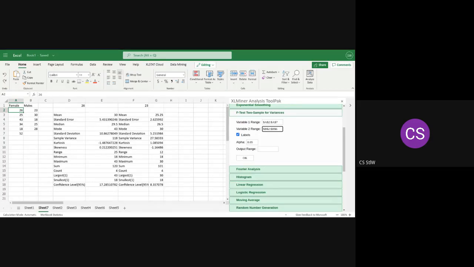You can see it has an alpha. The default, according to the software, is 0.05. Sometimes you may be told to find the F-test or find the alternative hypothesis. For those who are on campus, they don't really tell you that you're finding the F-test. It's just by looking at the question: if you're comparing variances, I'm going to use the F table.